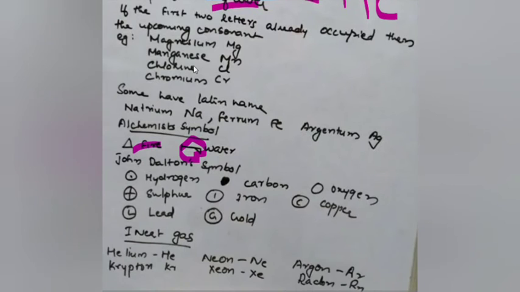And John Dalton's symbols, what do they include? You see here the circle with one dot, hydrogen, carbon, oxygen. A circle with C, copper, I, iron, sulfur, lead, and gold. So these are the symbols used by John Dalton. And the alchemy symbol represents that triangle for fire and the symbol for water. Many other symbols are also given in your textbook.